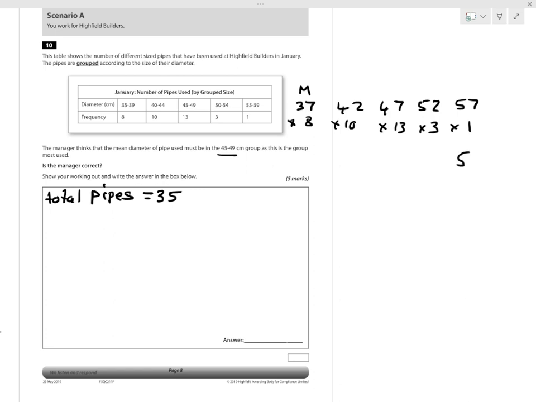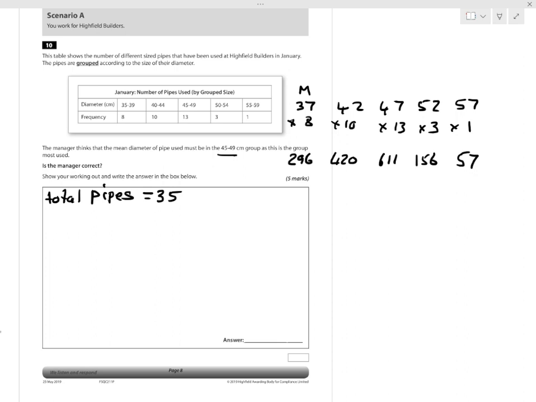So 52 times 3 is 156. And we're going to add all these numbers together in a minute. 47 times 13 is 611. 420. And 37 times 8 is 296.